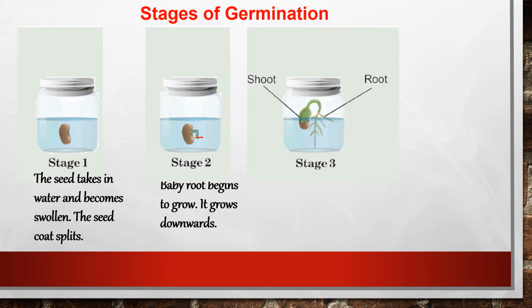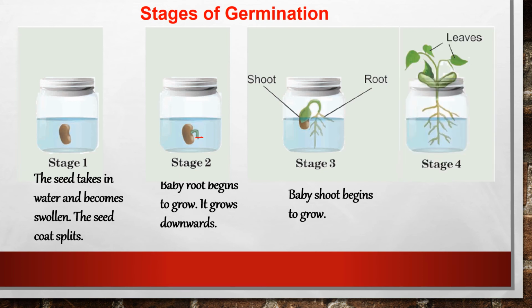Stage number 3, the baby shoot begins to grow. Remember that the shoots are those parts of a plant that grow out of the soil or in the air. So the shoot now starts growing.